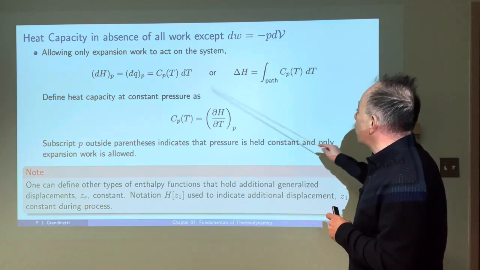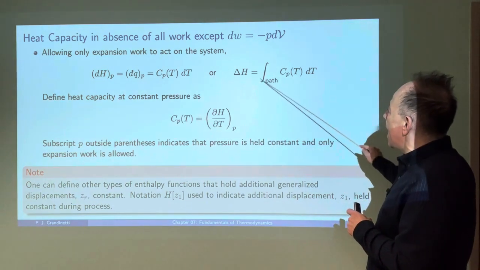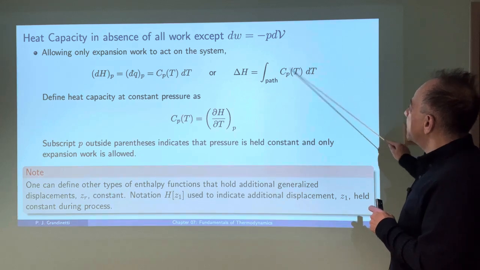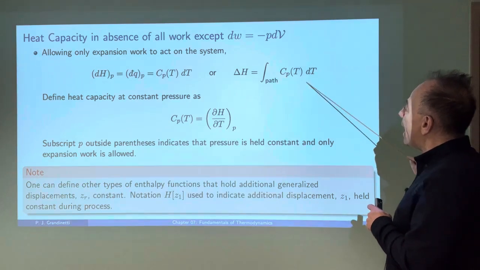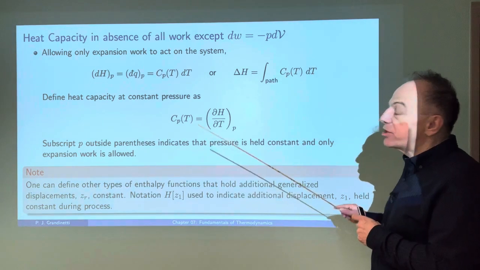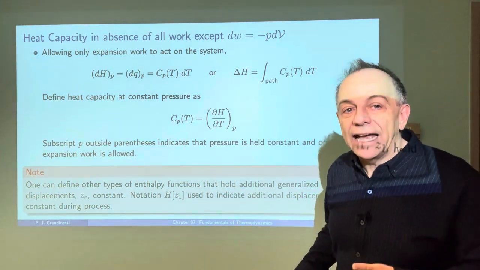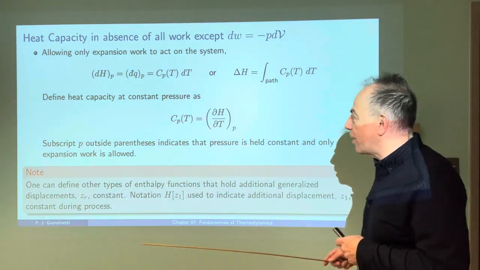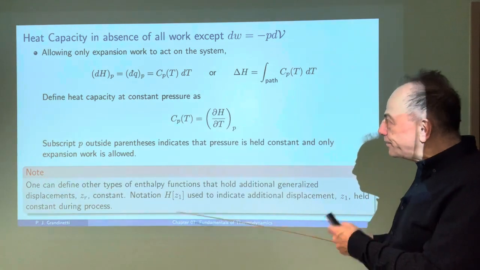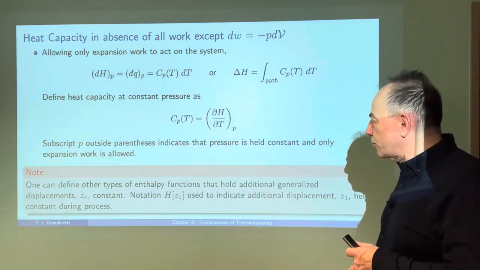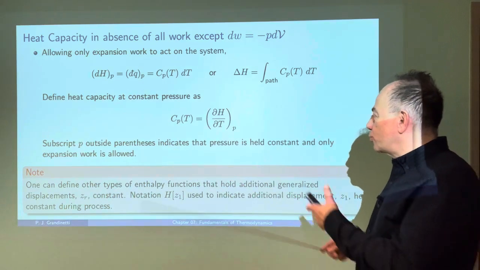And this process then is going to be a path integral. So if I integrate this, you can see that the heat capacity is dependent on temperature, so that's going to depend on the path here. But delta H is a state function that will be a measure of the change in the energy under a constant pressure process.